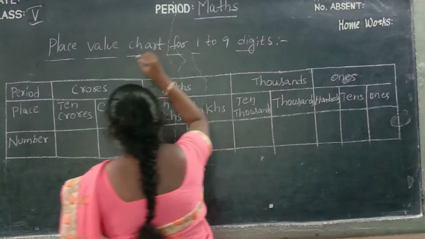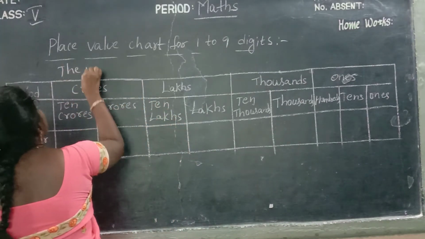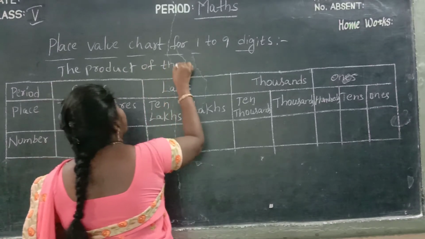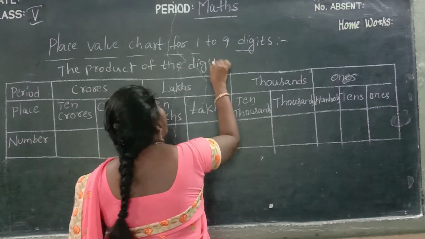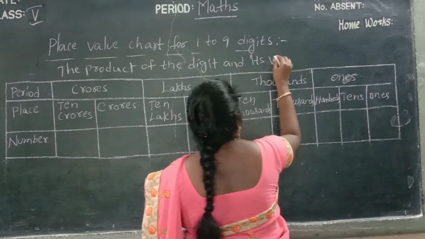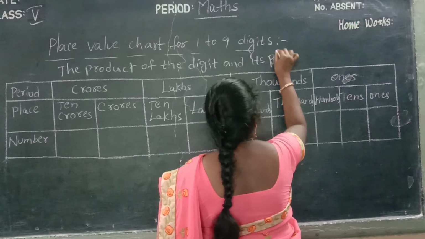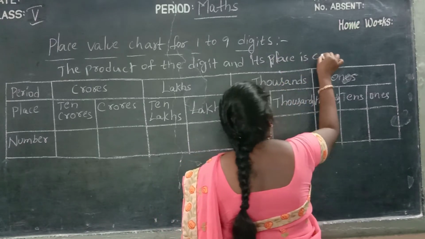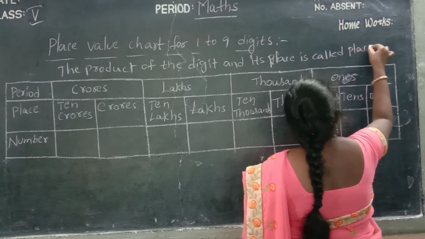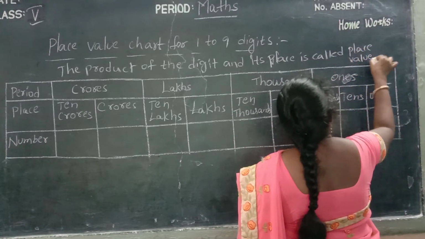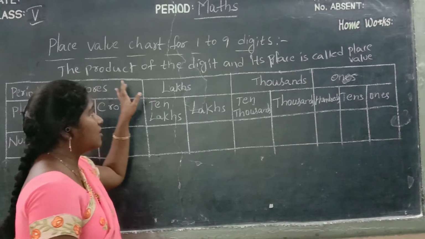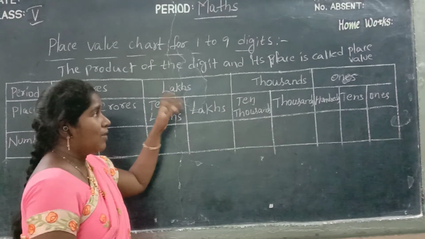It means the product of the digit and its place is called the place value, children. Okay, what is the place value? The product of the digit and its place is called the place value.